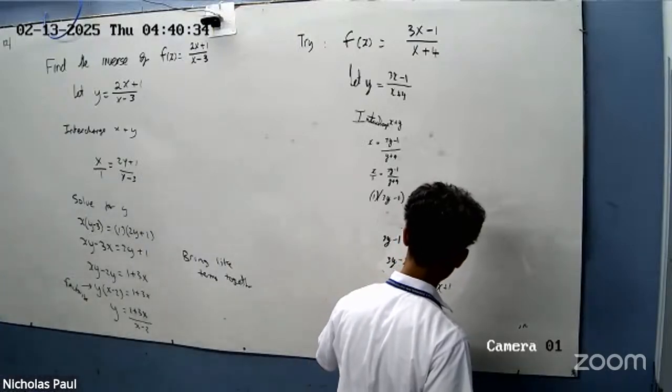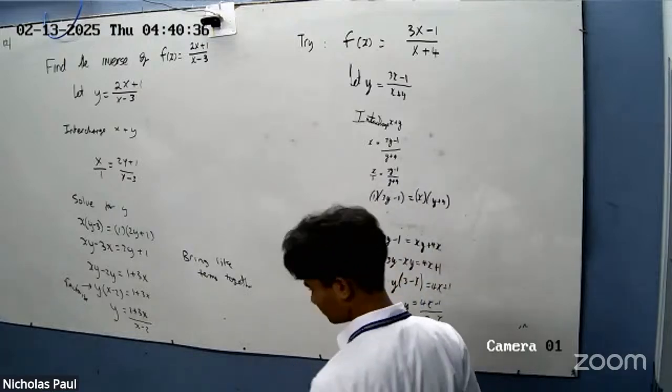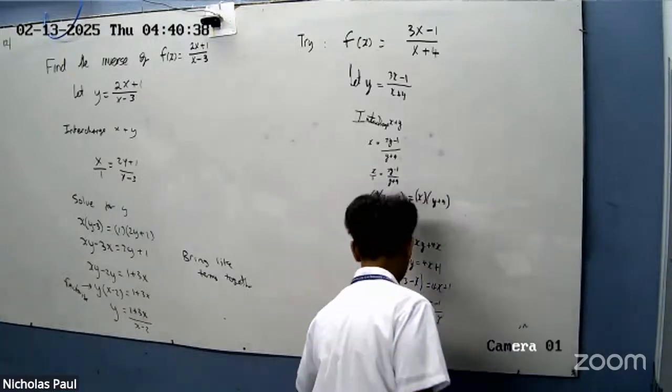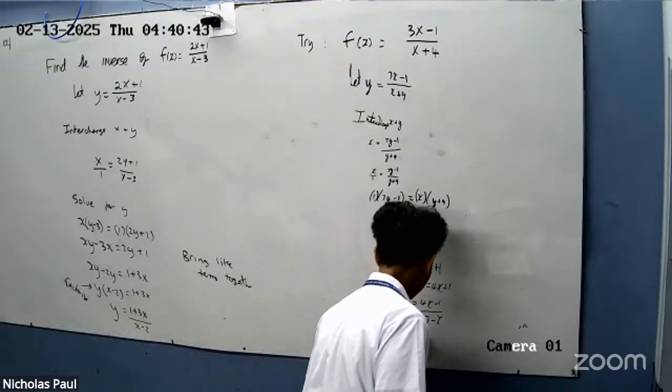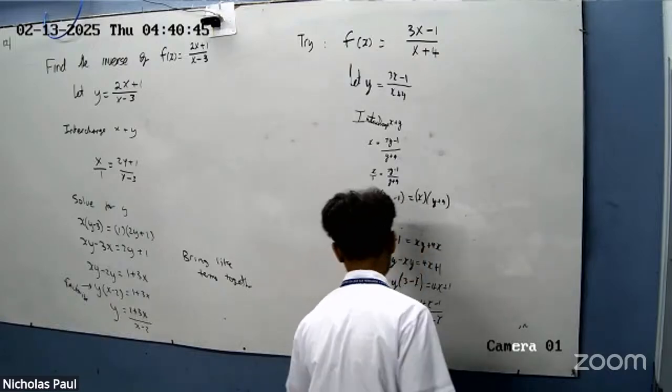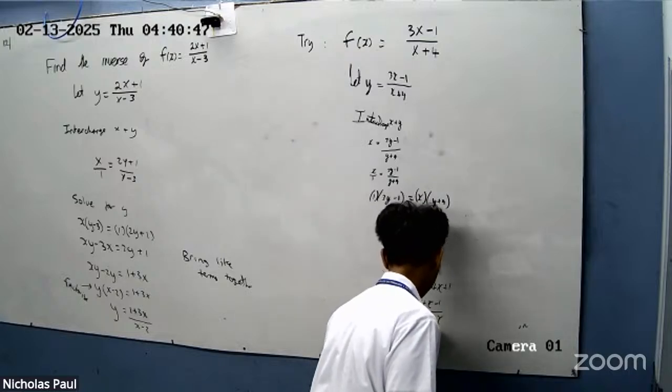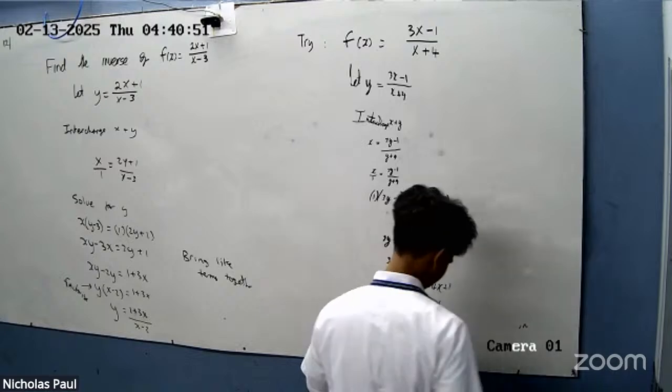Right. Write the inverse now, write f inverse equal to that. Yeah. Right, so some of us, if you get something with all the signs different, you'll get the same answer, right?